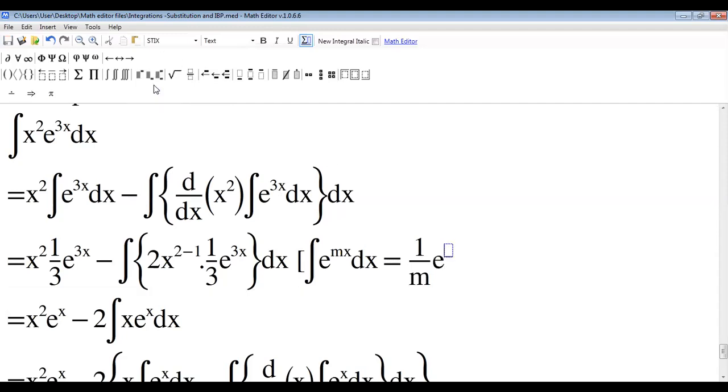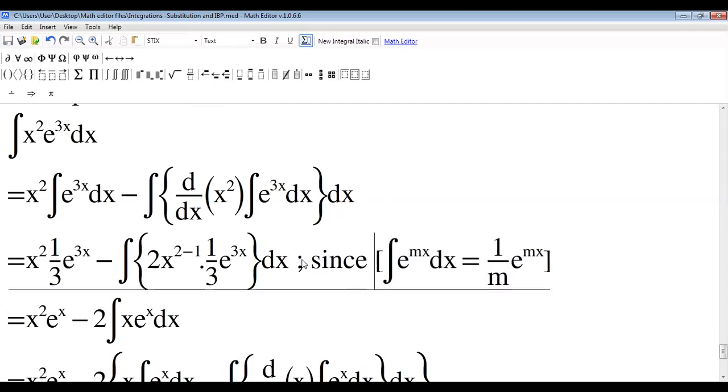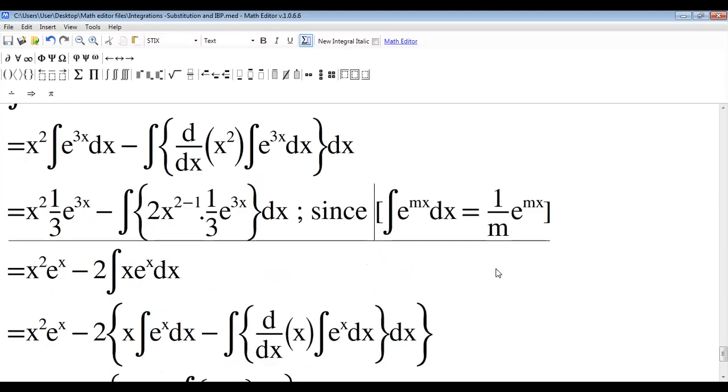So since the integration of e to the power mx is 1 by m e to the power mx, that means we have to divide by the coefficient of x. This is why we divided by the coefficient of x, that means 3. 1 by 3 is multiplied.